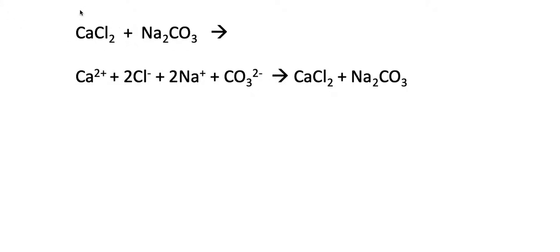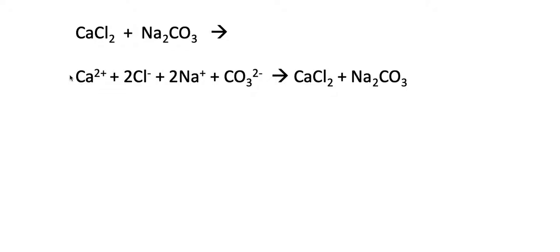Okay, so when we put calcium chloride in water, and these are all aqueous solutions, the calcium and the chloride are going to split apart into separate ions. And I have only one calcium ion, so I only get one. You see there's no number in front of the calcium here.